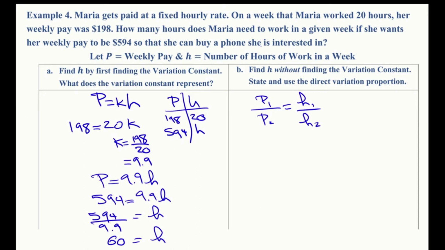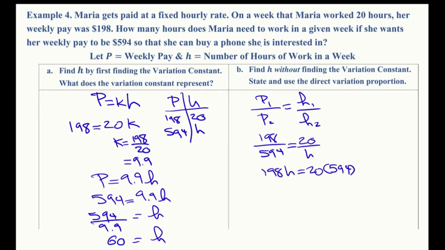So 198 over 594 equals 20 over h. So if we cross multiply, we get 198h equals 20 times 594. And now we're just going to divide both sides by 198. These cancel out, of course.